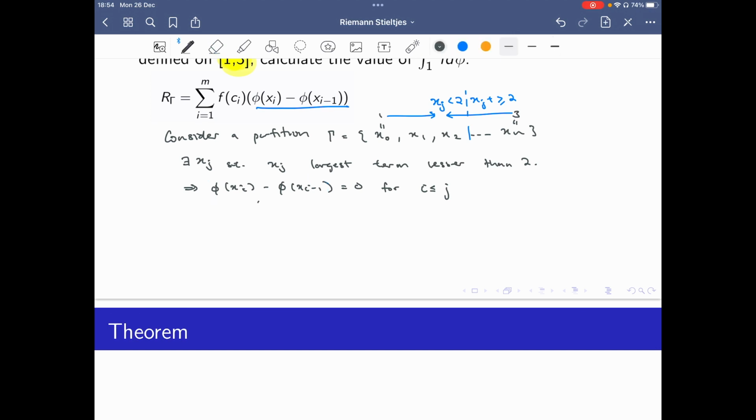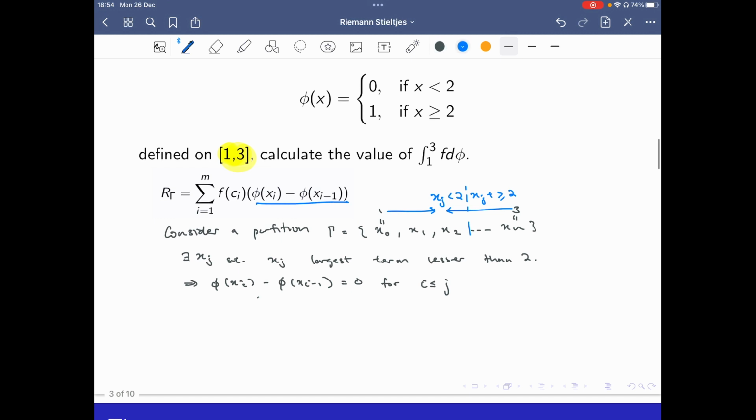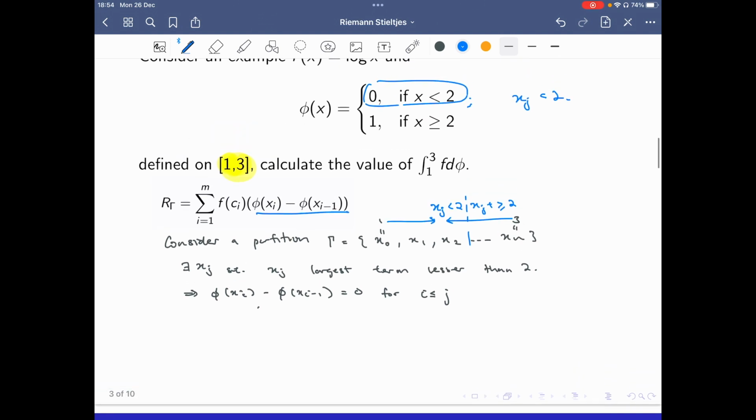Because when it is smaller or equal to j, by the definition of this phi function, it is going to be 0 all the way. When i is smaller than j, then xi is smaller than 2, so we always get 0, even for the earlier terms, since smaller than 2 gives 0.